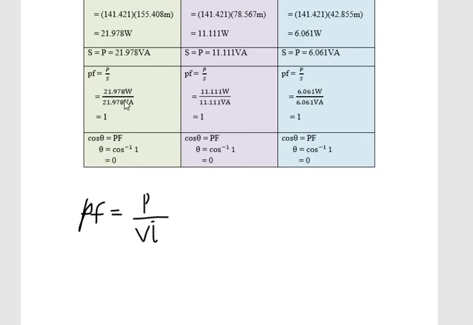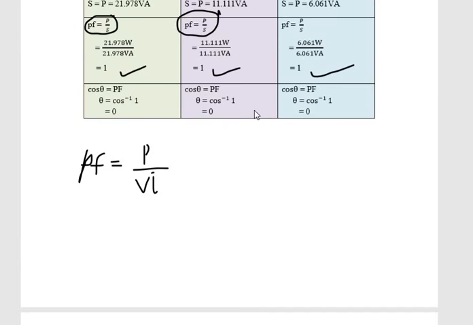After that, we calculate the power factor for resistor 1. For R2 power factor, we got 1, and for R3 we get also 1. This can be said to be a perfect power factor, as it is equal to 1.